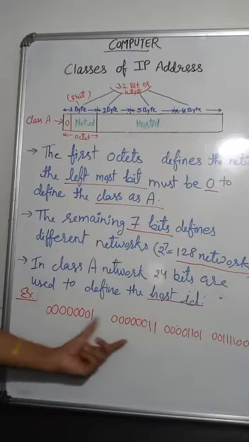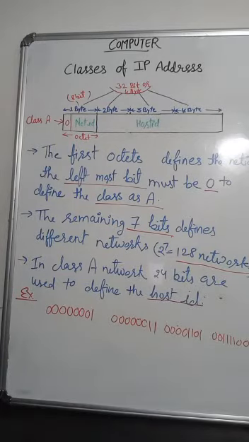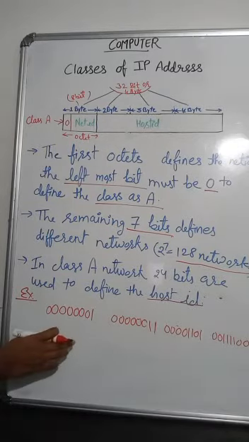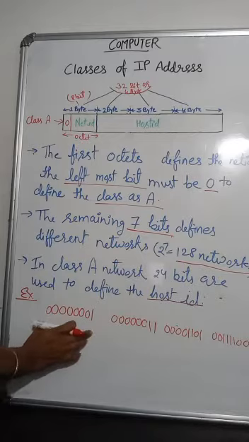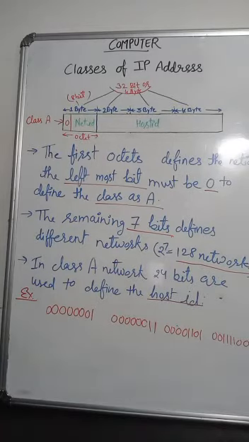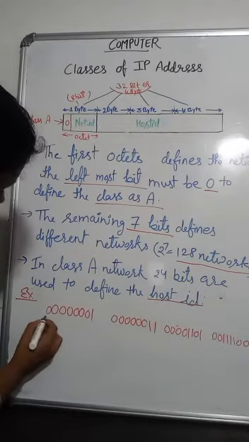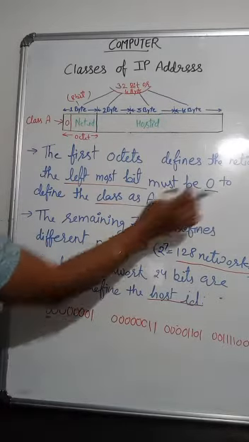These are 4 octets, and we identify using the first set of 8 bits or 1 byte. See what we know about class A: in class A, the leftmost bit is reserved for the class, and this bit is a 0.